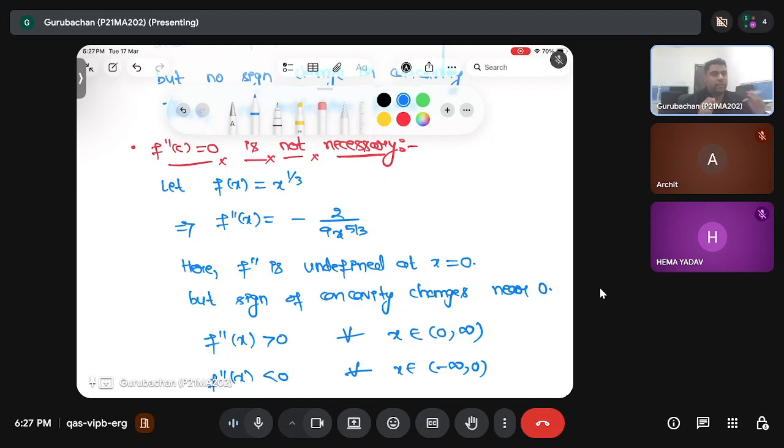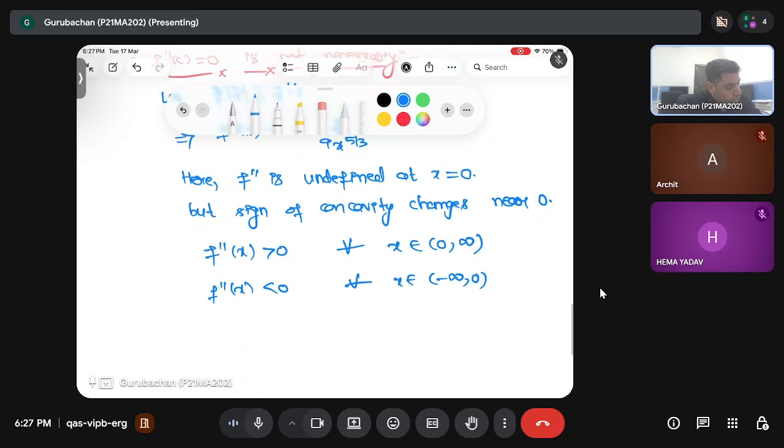So that means near 0 our function is changing the concavity sign. Therefore x equal to 0 is an inflection point.